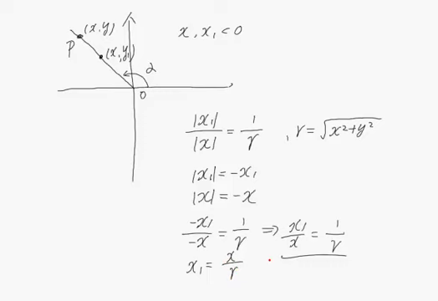And in this way, this x1 is the cosine alpha, right? So you have cosine alpha equal to x1, and then this is equal to x over r. In this way, we express the cosine of alpha in terms of the coordinates of the point which is not the point of intersection with the unit circle.